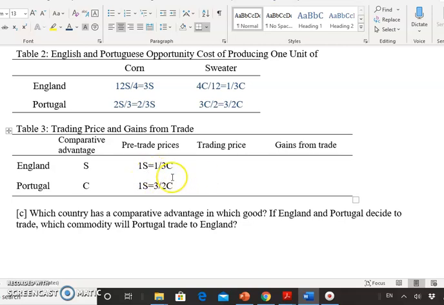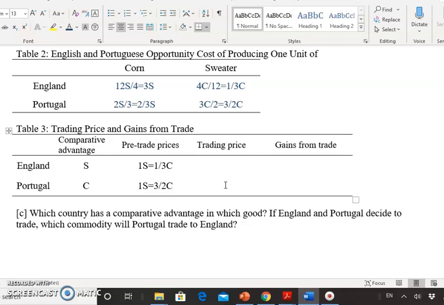Because if the sweater is more expensive in England than it is in Portugal, businessmen would buy sweaters in Portugal, ship them to England and sell them high to make a profit. And vice versa, if corn is more expensive in England than in Portugal, businessmen would buy corn in Portugal, ship it to England, and sell it high.